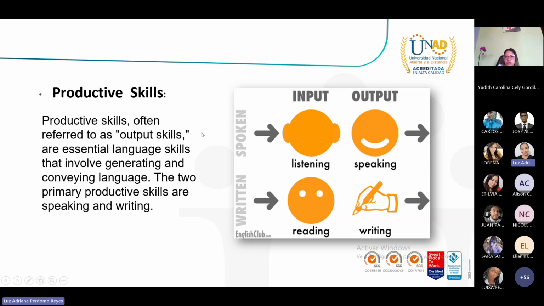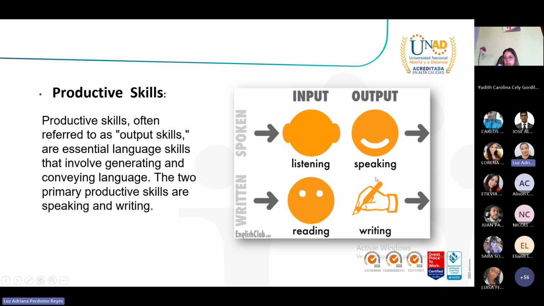Productive skills, often referred to as output skills, are essential language skills that involve generating and conveying language. The two primary productive skills are speaking and writing. We have to take into account that when we are listening, we are receiving information, so that's the input.